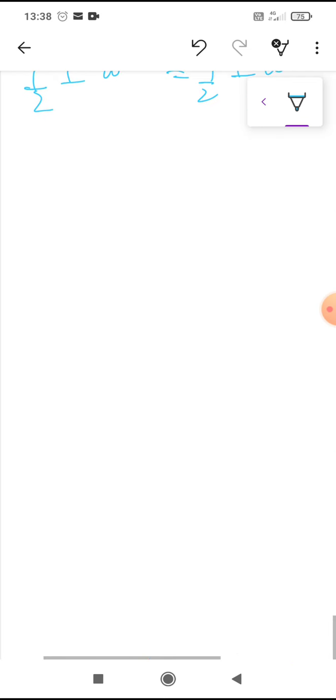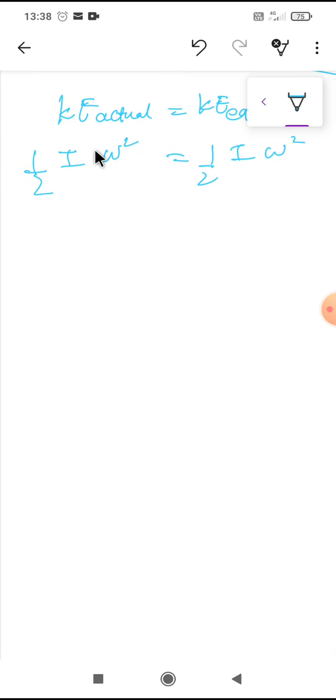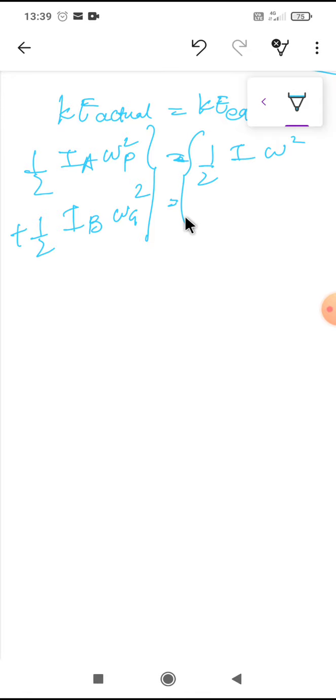So the actual kinetic energy will be 1 by 2 IA omega p square plus 1 by 2 IB omega g square. This total is the actual. Now the equivalent. In the equivalent, IA and IB will not change.